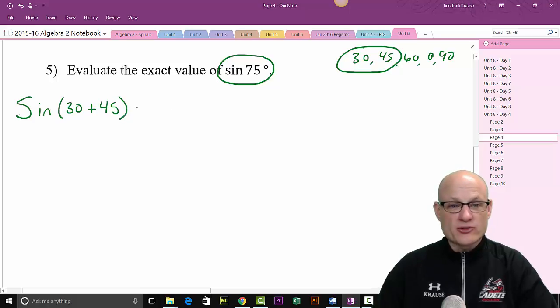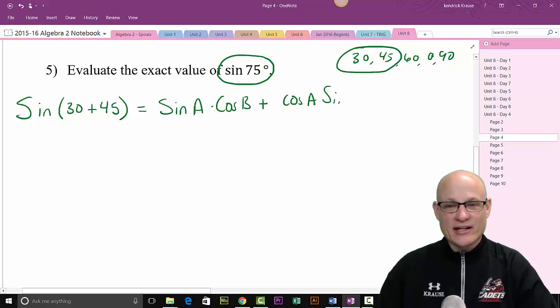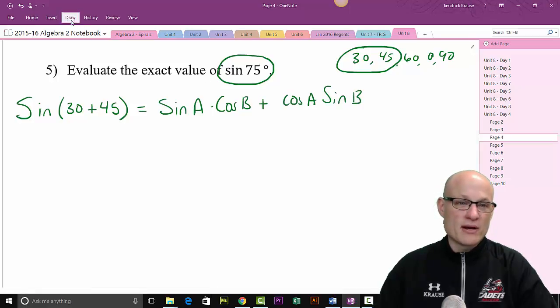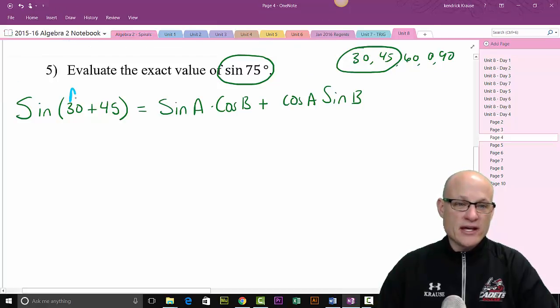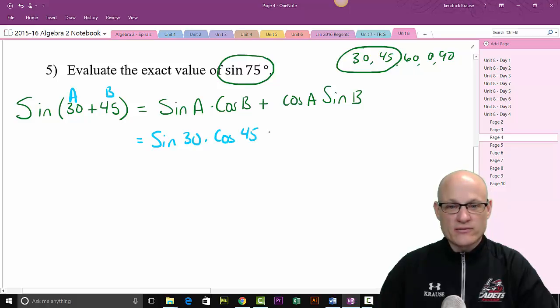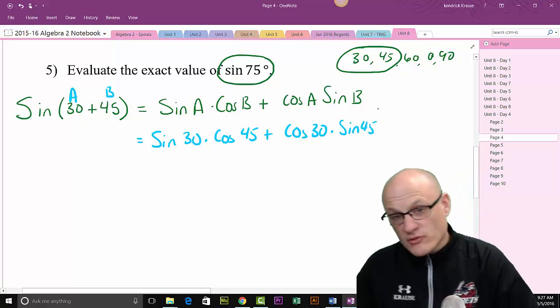You're going to go over to your formula sheet and you're going to say, oh yeah, that formula sheet says it's sine of A cosine B plus cosine A sine of B. And then you're going to try to remember that this is A and this is B. So we're going to do sine of 30 times the cosine of 45 plus the cosine of 30 times the sine of 45.